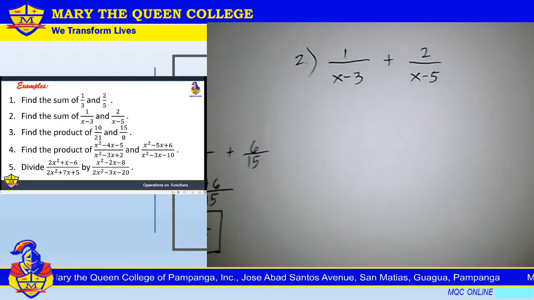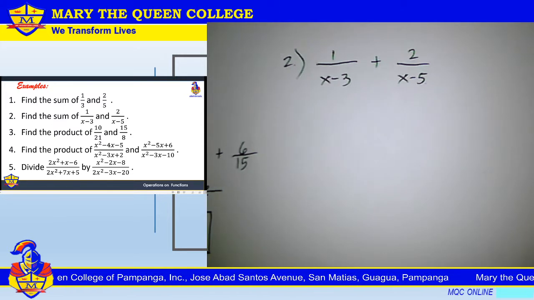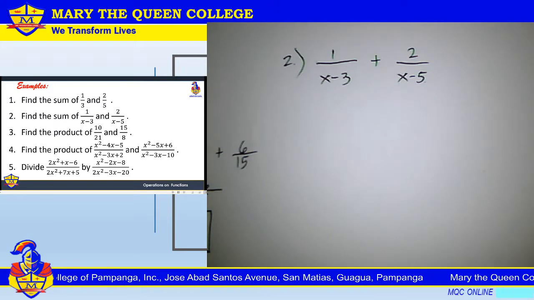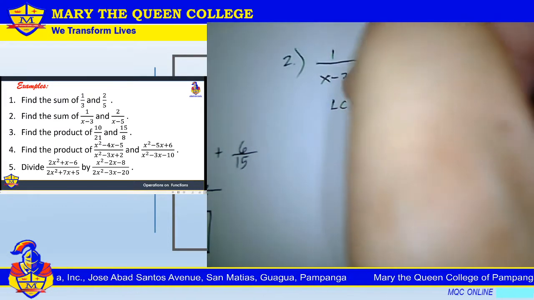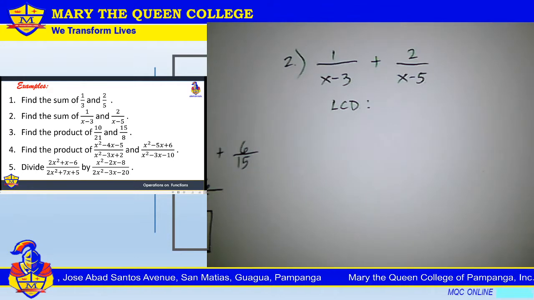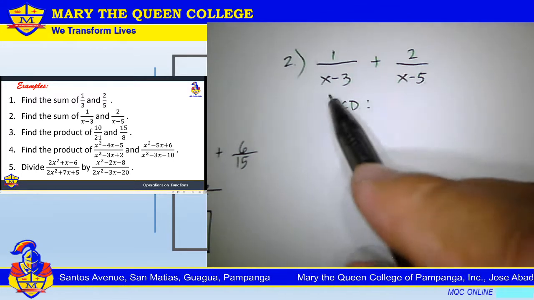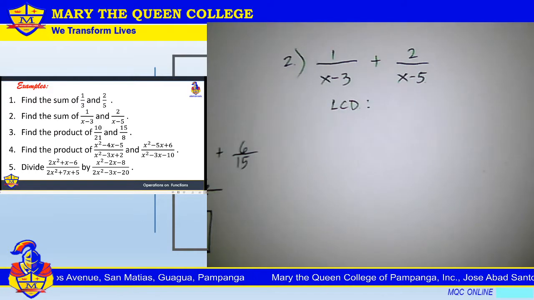Okay? So this time we have rational expressions: 1 over x minus 3 plus 2 over x minus 5. The first thing to do is to identify the least common denominator. Since we have rational expressions, I recommend na yun mismo yung gagamitin natin. Just simply get the product.